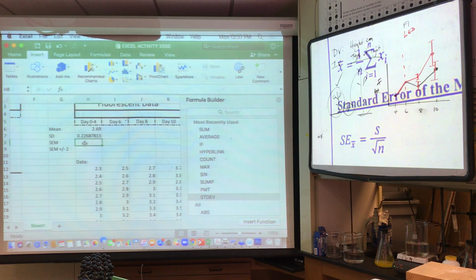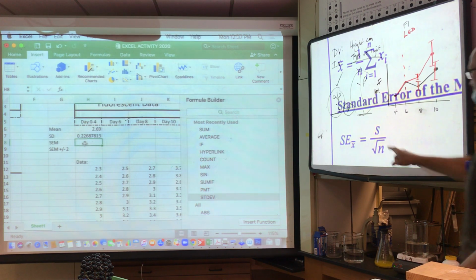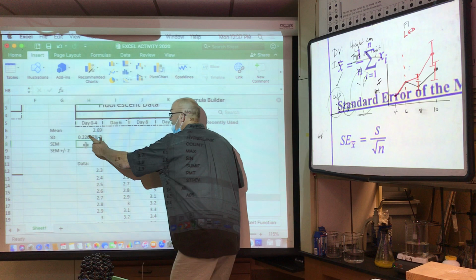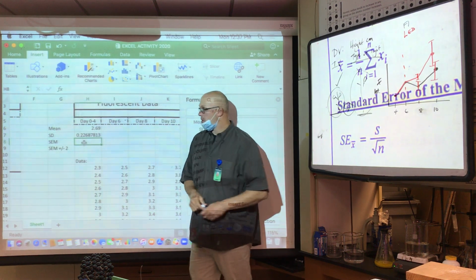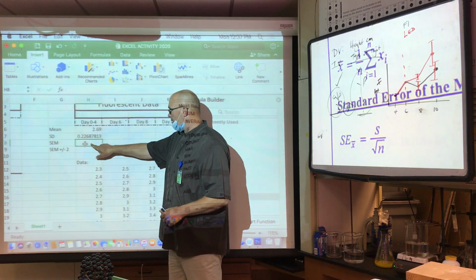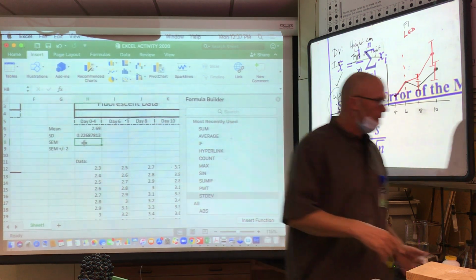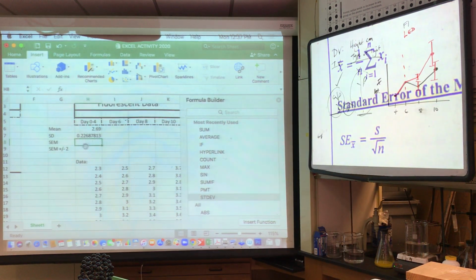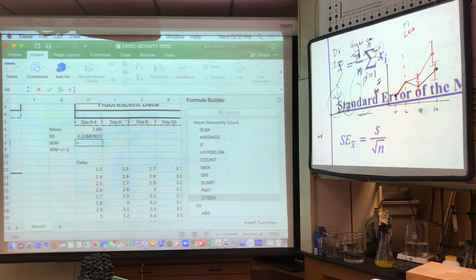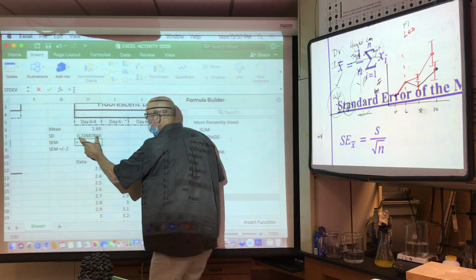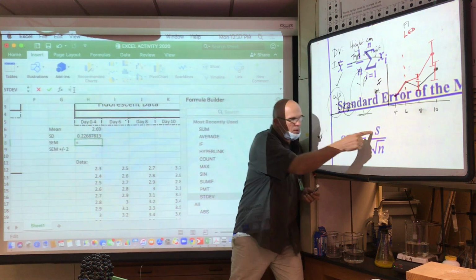Okay, so SEM, we're going to have to take the standard deviation, which we just did. So we need that value, and we're going to have to type it. It's easy to work either in the box or above, so I'm going to click up here and say equals. I clicked on SEM, equals. Now I need the standard deviation.